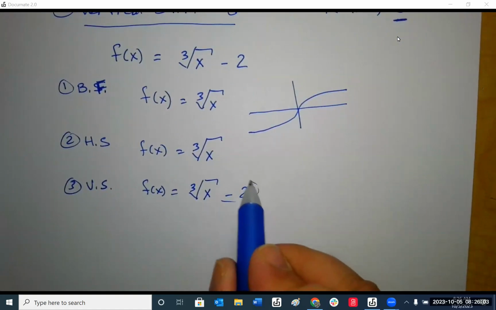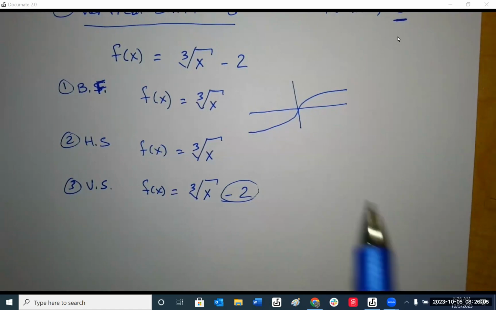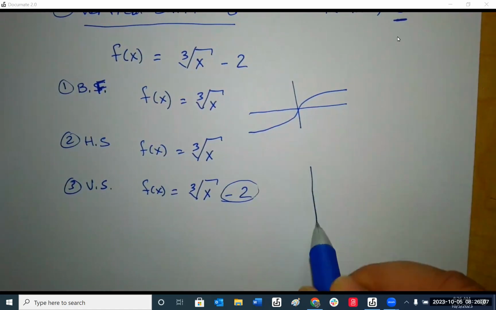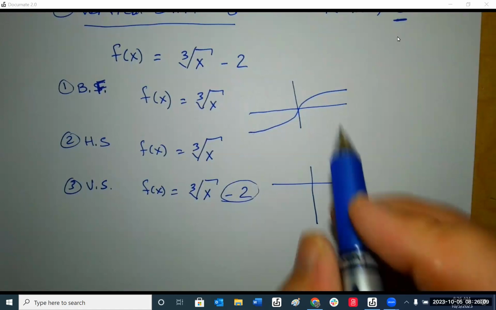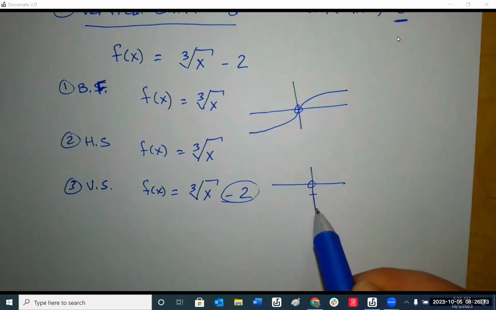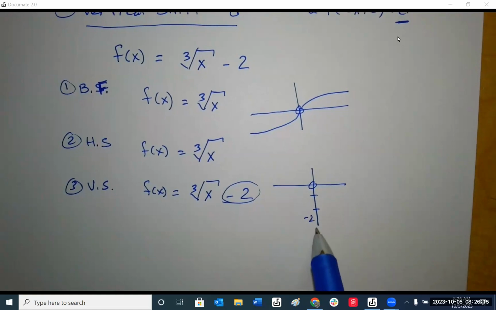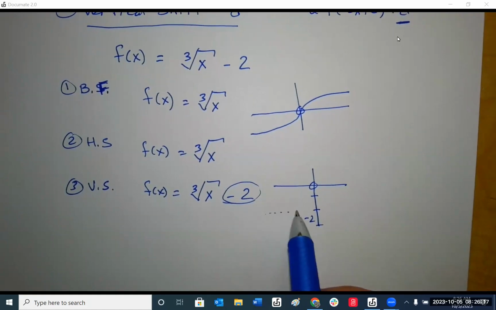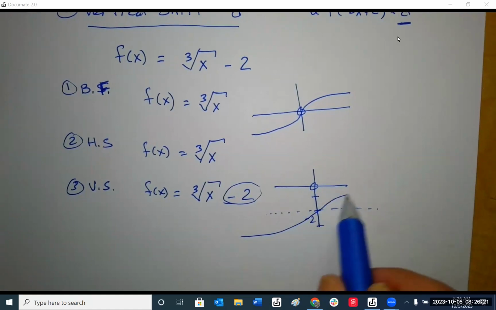There's a -2 outside the function. So that says we move our origin from there, we go down 2. And there's our new x-axis. The graph looks the same.